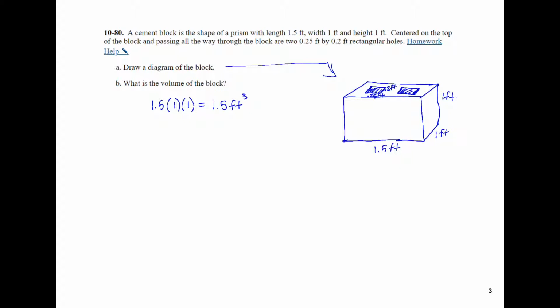So if we take 0.25 times 0.2 times the height of 1, and we multiply that by 2 because there is 2 holes, we get 0.05 times 2 for both holes gives us 0.1. When we subtract that, so we need to take our entire cinder block, subtract out the holes, the volume of this cinder block is 1.4 feet cubed.